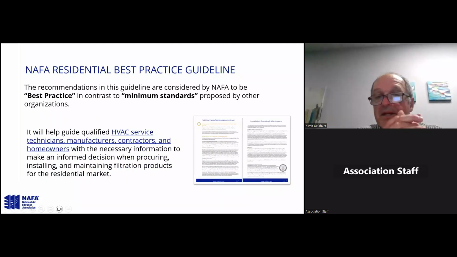As mentioned, the recommendations of this guideline are considered by NAFA to be best practice as opposed to minimum standards proposed by other organizations. And the whole idea is to help service technicians, manufacturers, contractors, and homeowners with the necessary information to make an informed decision when procuring, installing, and maintaining filtration products for the residential market.